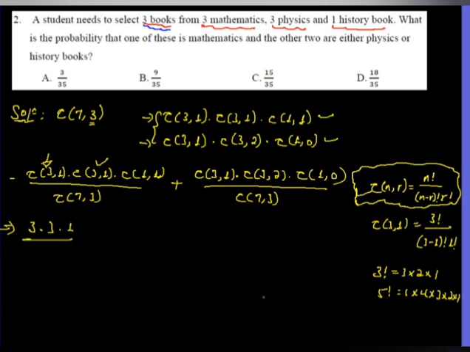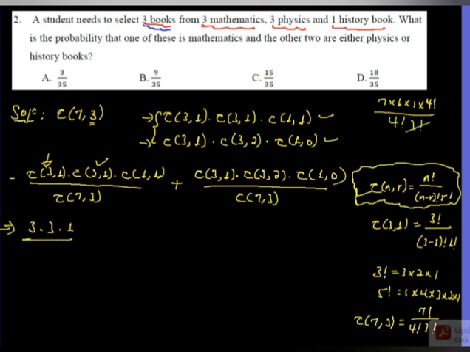You can check that combination of 7,3 is 7 factorial over 7 minus 3, which is 4 factorial, times 3 factorial. That is 7 times 6 times 5 times 4 factorial over 4 factorial times 3 factorial. 3 factorial is 6, and 4 factorial can be cancelled out.